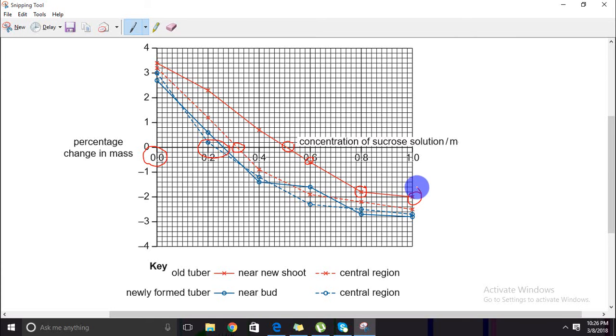So is this in keeping with the conclusion? Because if the potato tuber had the closest concentration to the concentration in which it is put, then indeed less water would have left, but more would have left for this, because there would have been a greater difference, because this would have a higher water potential.